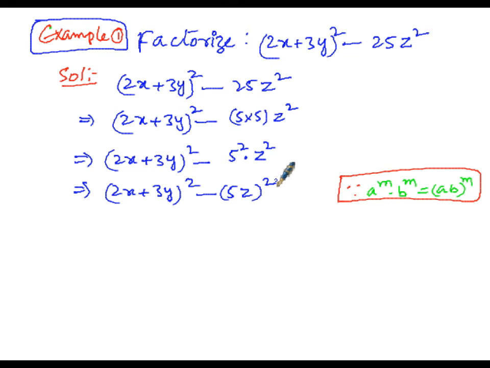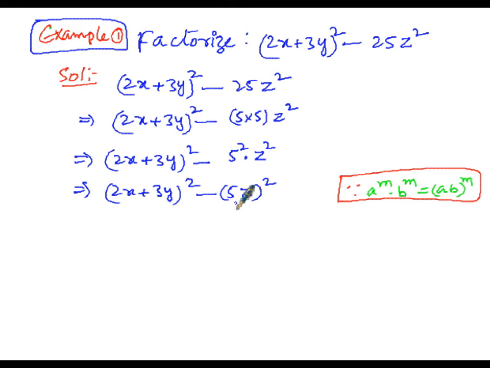So here m is 2, and in the case of b power m, m is 2. A and b values are 5 and z. So here the exponents are the same and the bases are different, that is 5 and z. So it can be written as a into b whole power m. So here 5 into z, the exponent is the same, 2 and 2. We wrote it as to the power of 2. Now this is the difference of the two perfect squares.